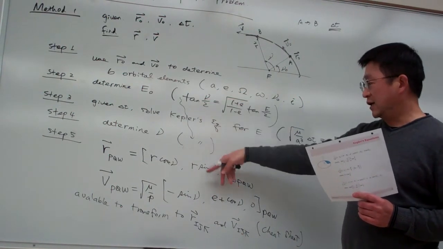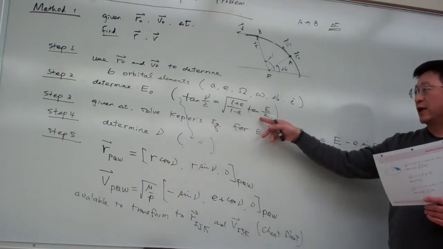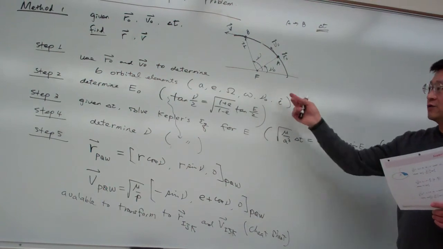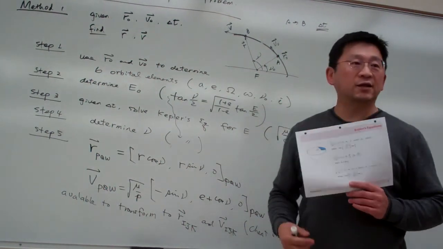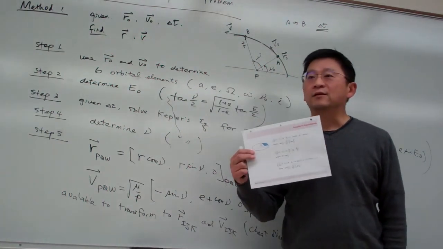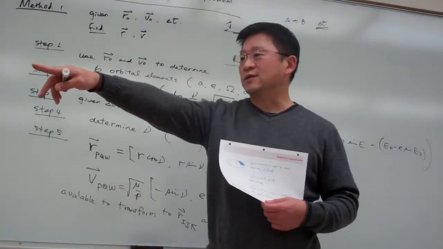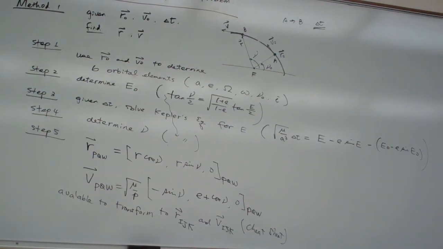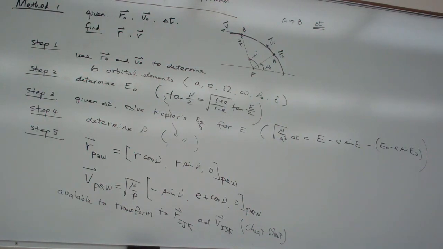For this illustration here, I assume we are dealing with an elliptic orbit. If we are dealing with different types of orbits, the equations summarized in this handout are available to you. Okay, and today we have a handout there on the table. So that is the first method.